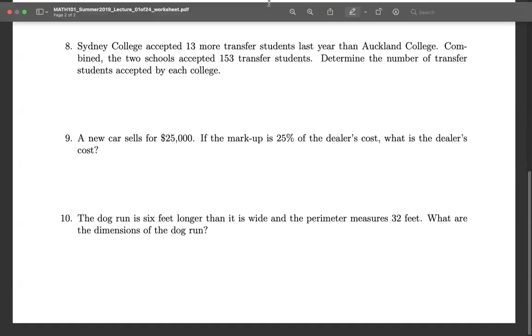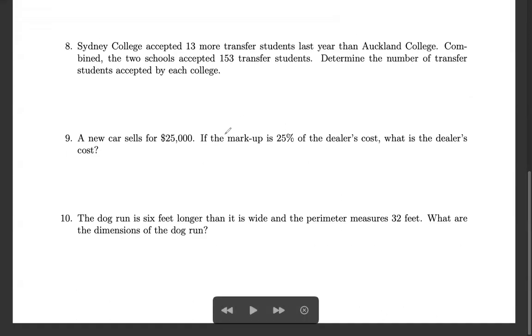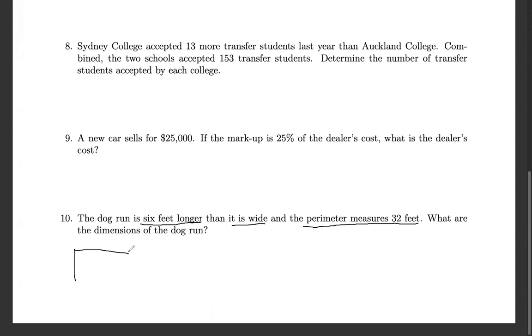Okay, last, 110. The dog run is 6 feet longer than it is wide, and the perimeter measures 32 feet. So I think they should be saying the rectangular dog run. So this is a rectangle.